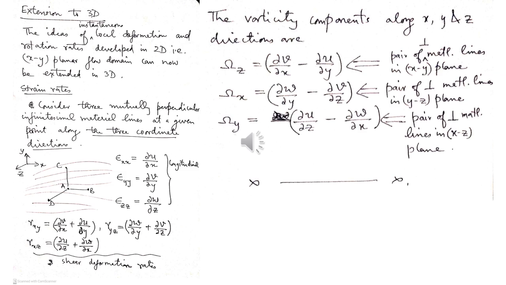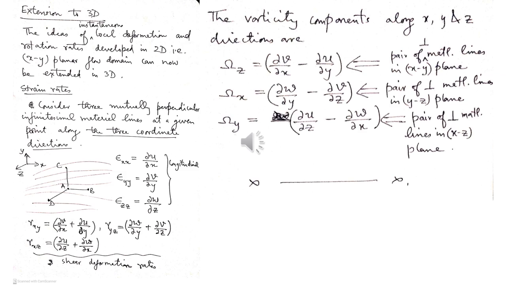And you will have another contribution by a pair of perpendicular infinitesimal material lines in the xz plane, contributing the y component of vorticity, which is written as del u del z minus del w del x.